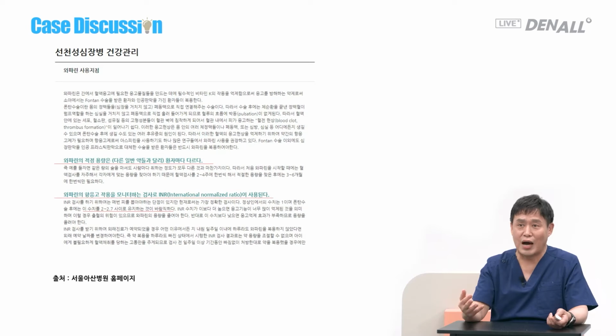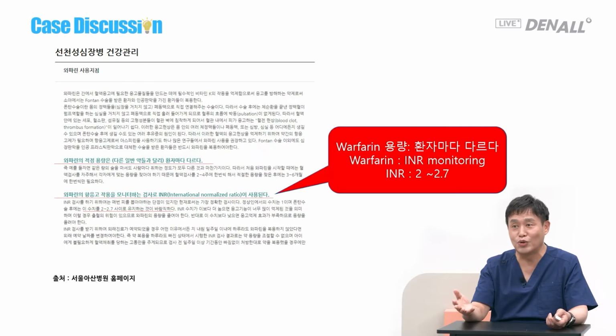So recently, we have many senior patients, and they say we should not stop medication. I went to the Asan Hospital homepage, pediatric cardiology department. It says here, warfarin dosage should vary from patient to patient.